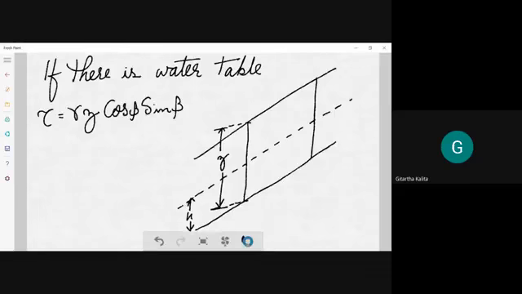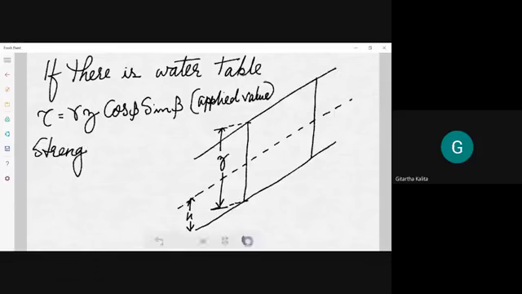This is the applied value. But the normal stress, the strength will be a little bit affected, because ultimately for analysis we have to equate the equilibrium condition: stress is equal to strength. So the stress value will be the same, but strength will be a little bit different because of the water. Because in this sample there is water present.